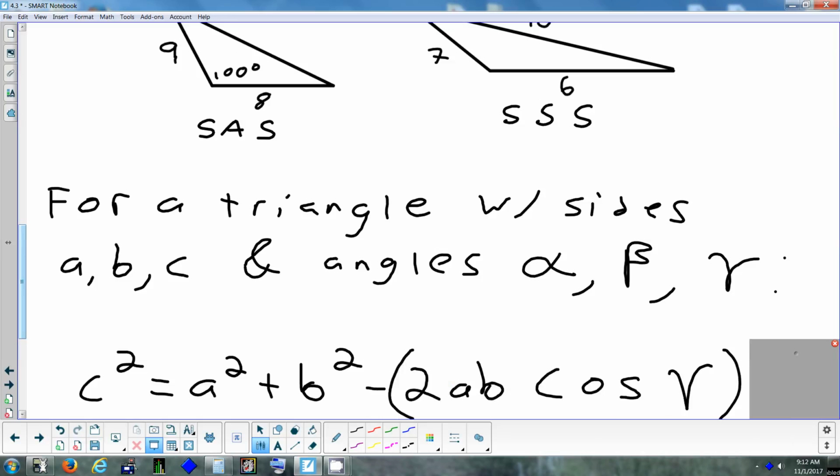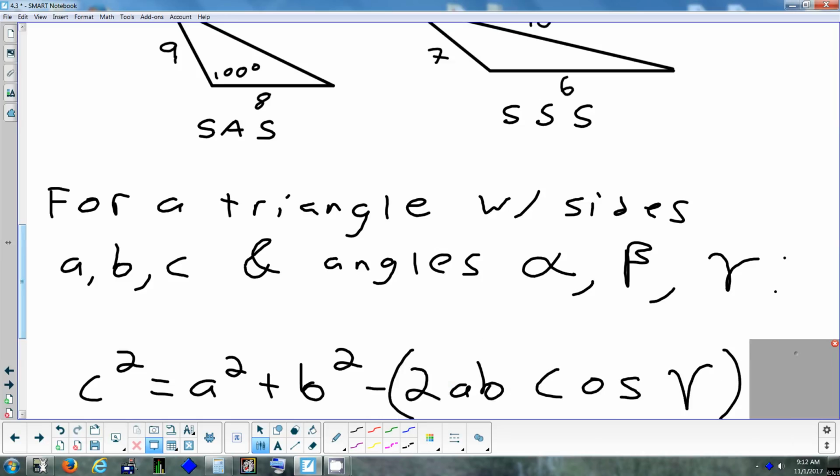Right? So basically the way it works in general is one side squared equals the sum of the other two squared. It doesn't just have to be a and b. Okay, we're gonna write it different ways.